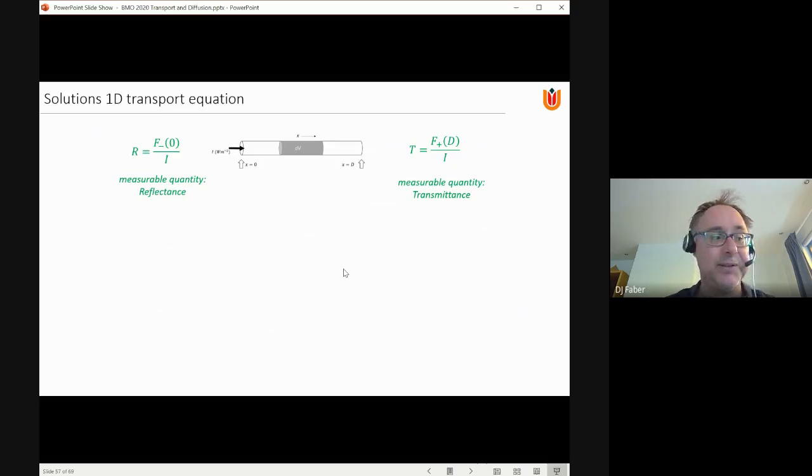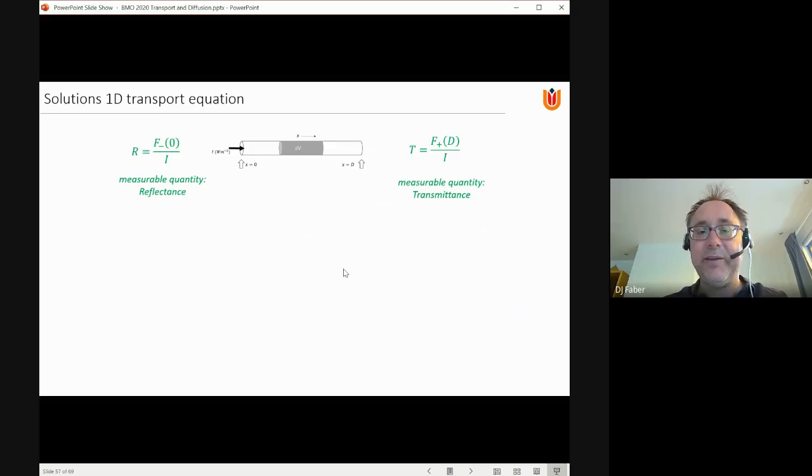Same thing we can do on the other end of the cylinder. At x is d, we can measure the transmittance. So we can calculate the flux in the positive x direction at x is d. That is the light that escaped from the cylinder. If we normalize that as well on the incident intensity, we get the percentage of light that is transmitted through the cylinder.